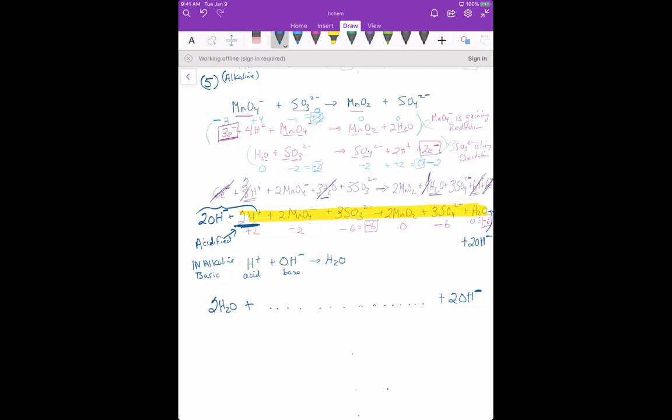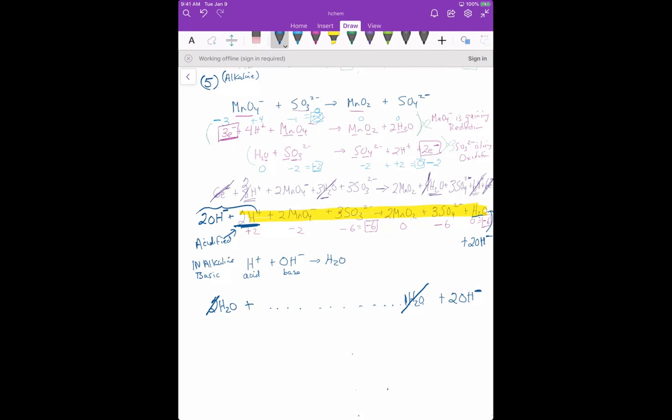Now notice I also have in this equation an H2O on this side. I have one H2O on this side. So I can actually cancel one H2O and one of these two H2Os.